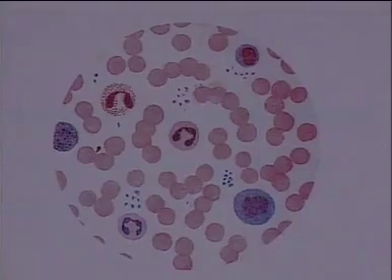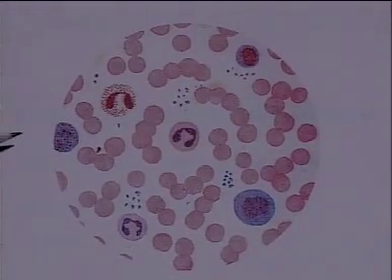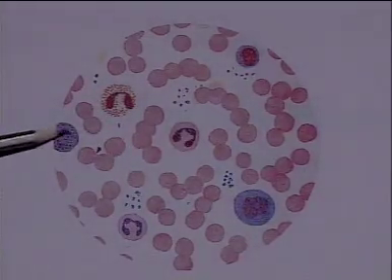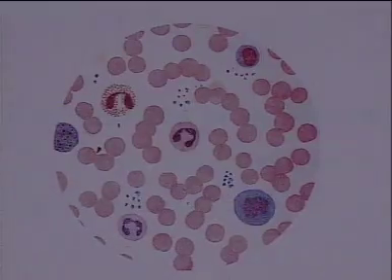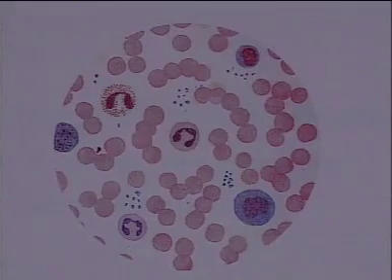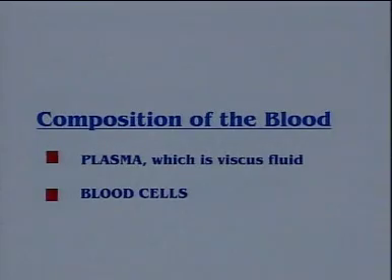Can you recognize the cells in this slide? There are three types of cells in this slide. These are red blood cells, these are white blood cells, and these are the third variety of cells, which is called the platelets. Now this card shows you the composition of the blood.